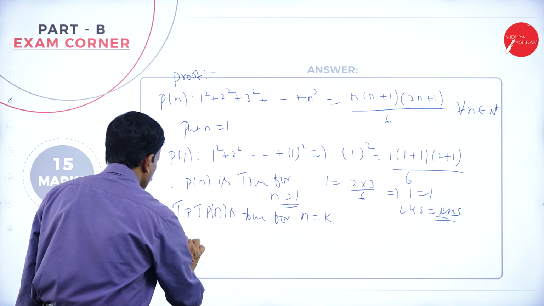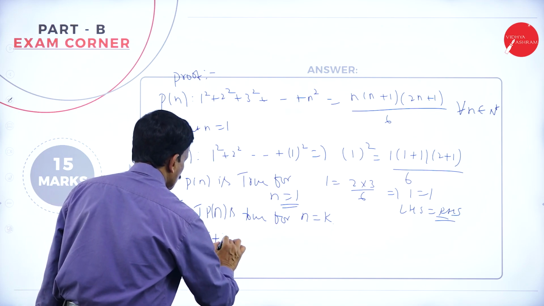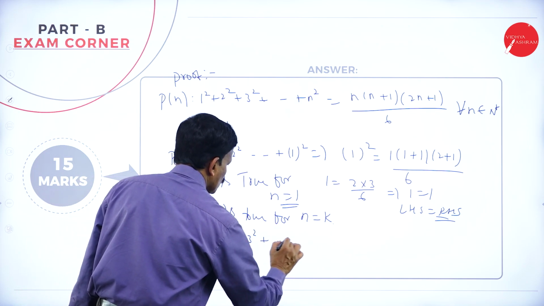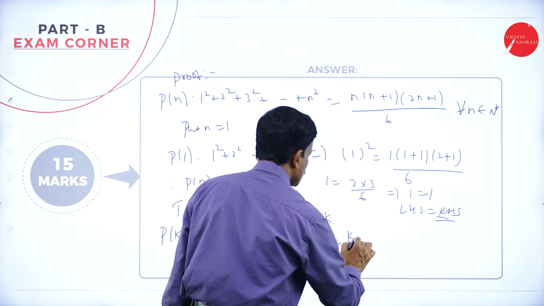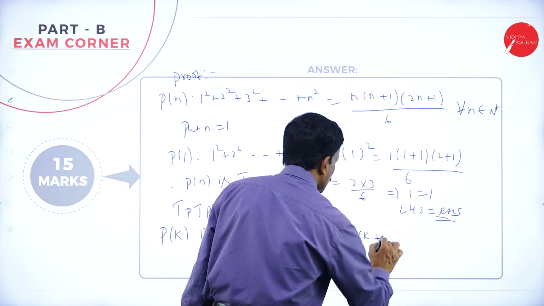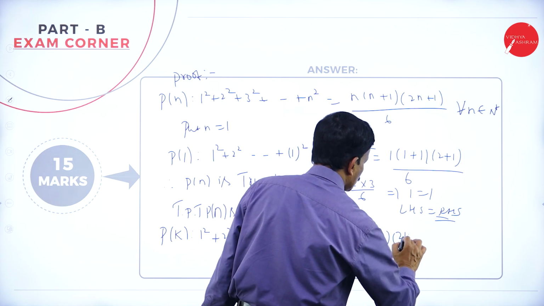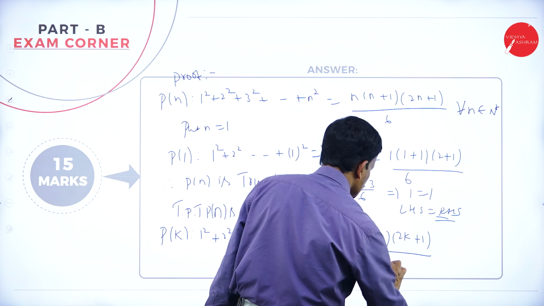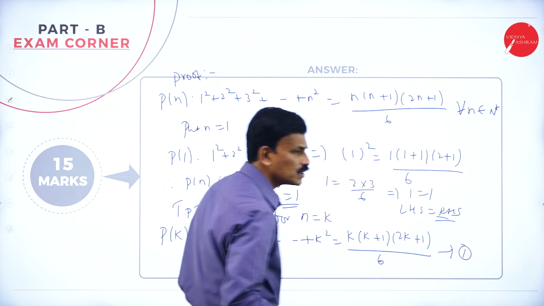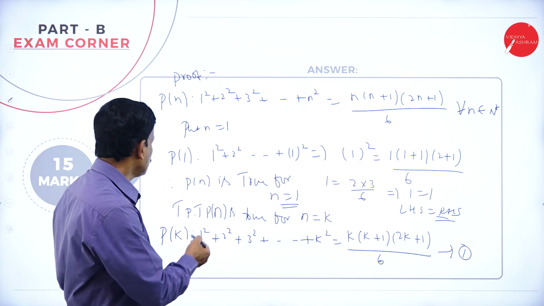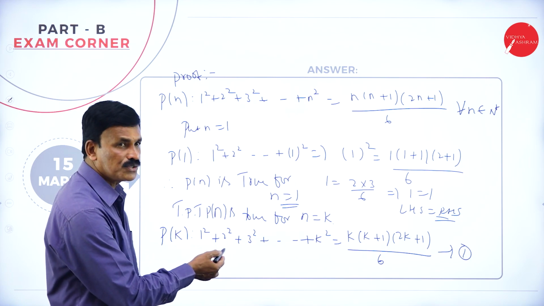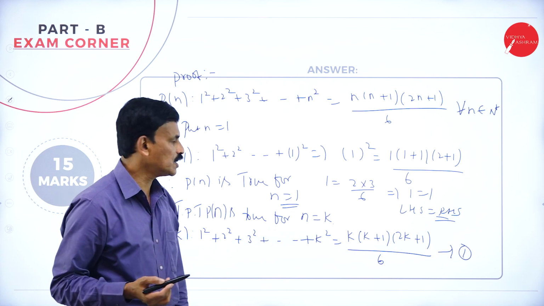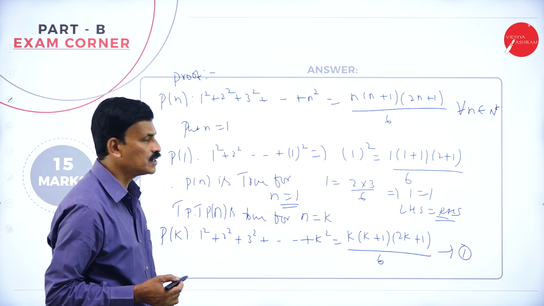This is P of k is equal to 1 square plus 2 square plus 3 square plus etc. plus k square is equal to, just replace n by k, k into (k plus 1) into (2k plus 1) divided by 6. Let us represent this as equation number 1. So, therefore, 1 square, 2 square, 3 square etc. k square is equal to k into (k plus 1) into (2k plus 1) divided by 6.